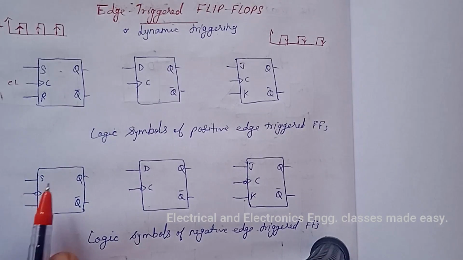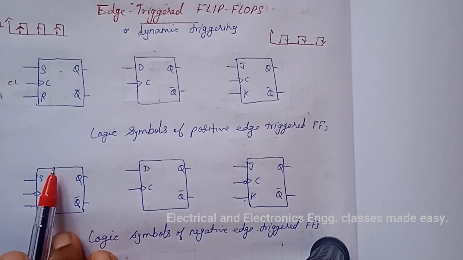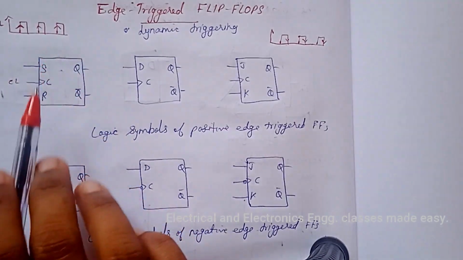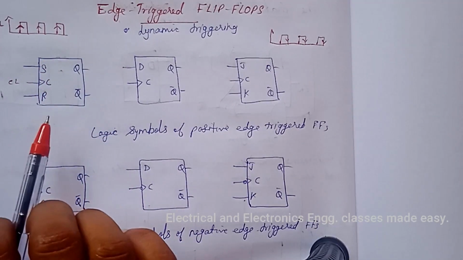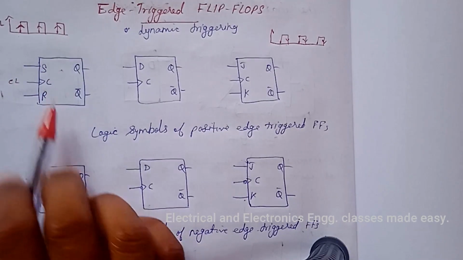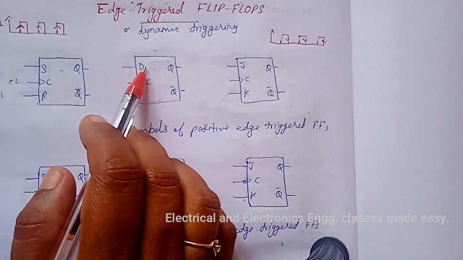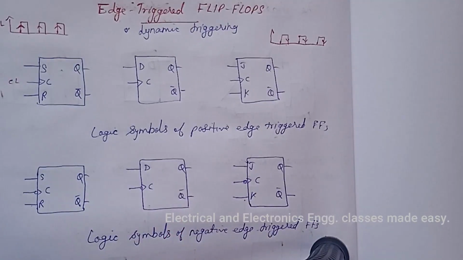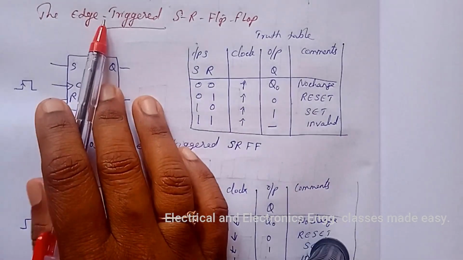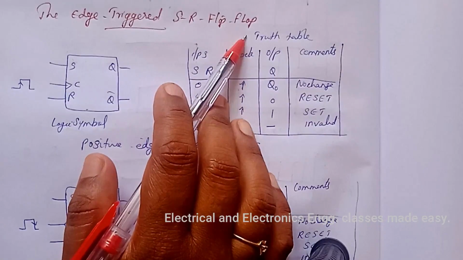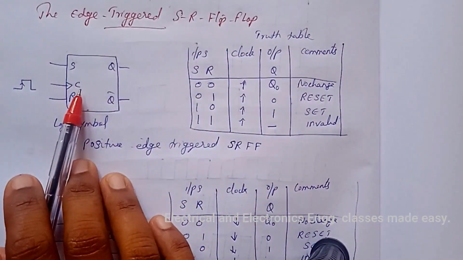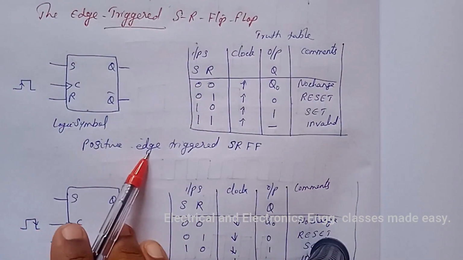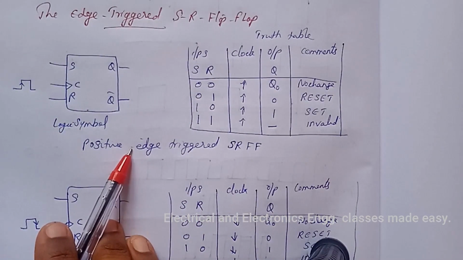Thus, edge-triggered flip-flops are sensitive to their inputs only at the transition of the clock. And there are three basic types of edge-triggered flip-flops: SR, D, and JK flip-flops. The edge-triggered SR flip-flop. This is the logic symbol and truth table for the positive edge-triggered SR flip-flop.